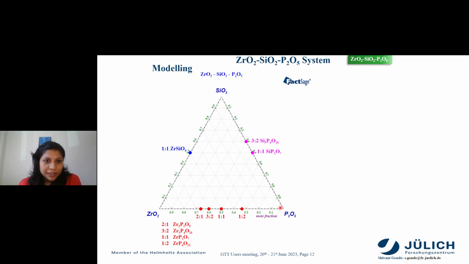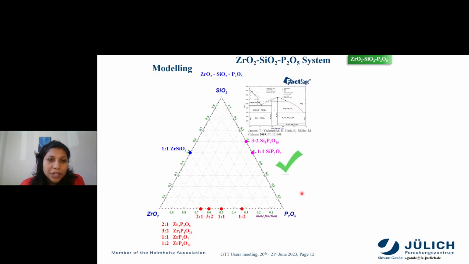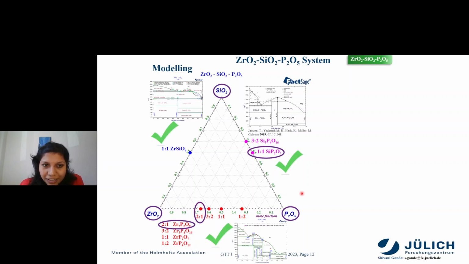So in this ternary system, here is the schematic representation of all the binary compounds present in the binary systems, and we have thermodynamic data sets of silica phosphor, zirconia phosphor, and zirconia silica.